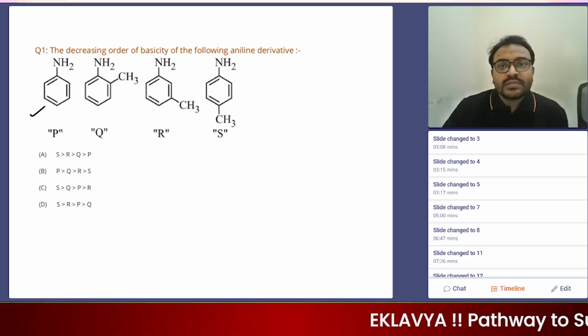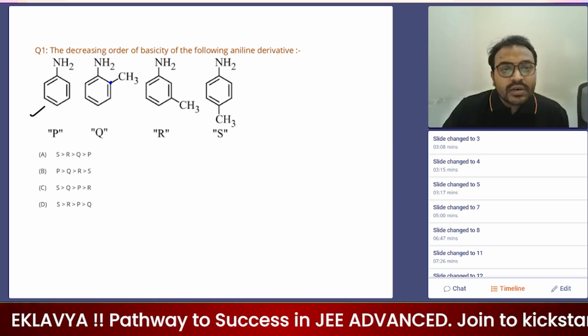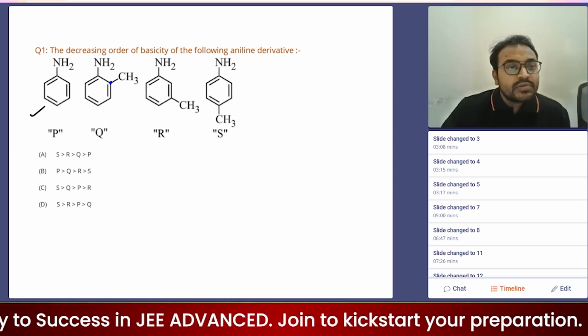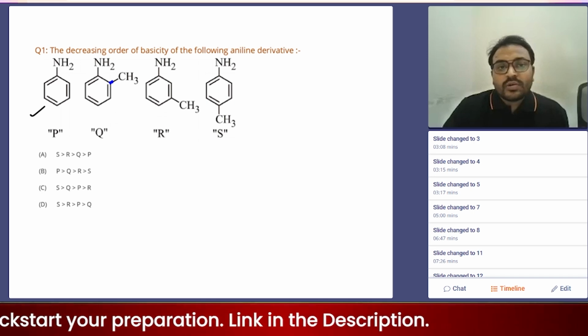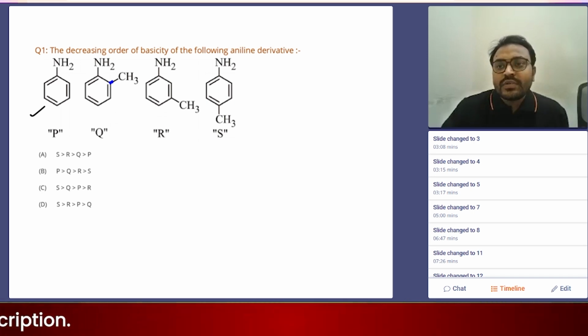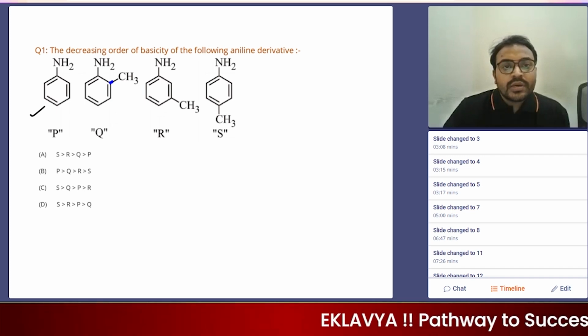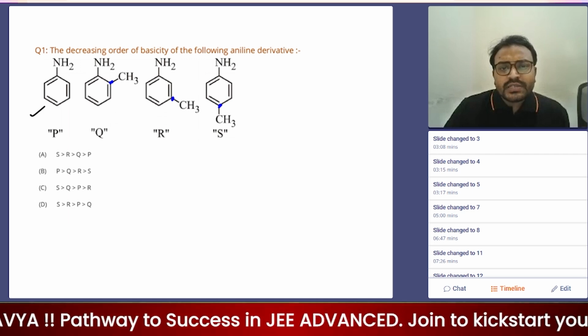In the second structure we have an ortho substituted aniline. Next we have meta, and the last one is para.